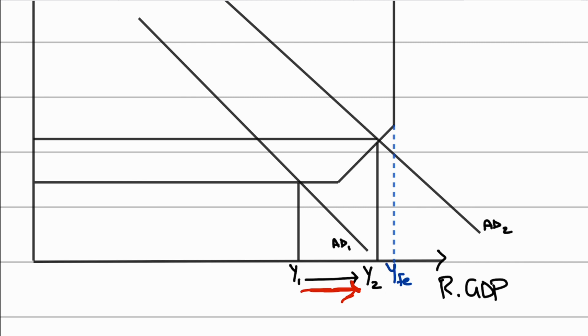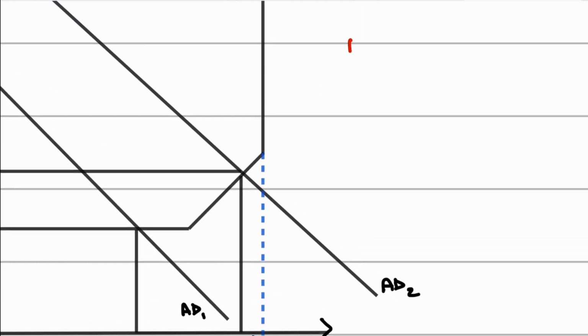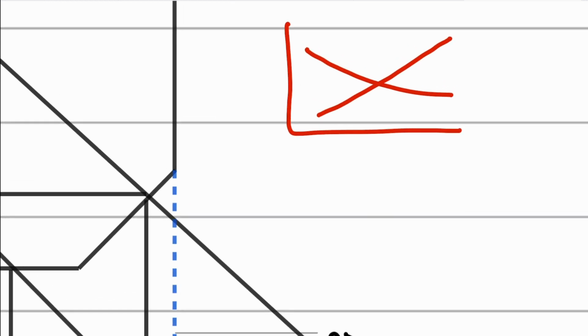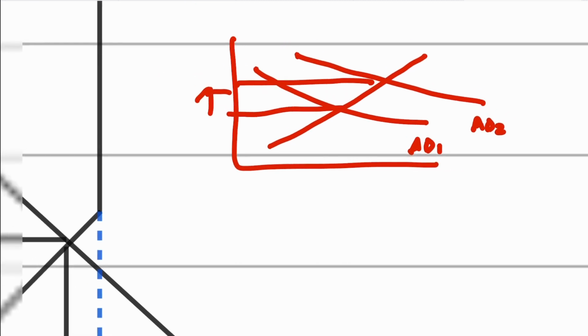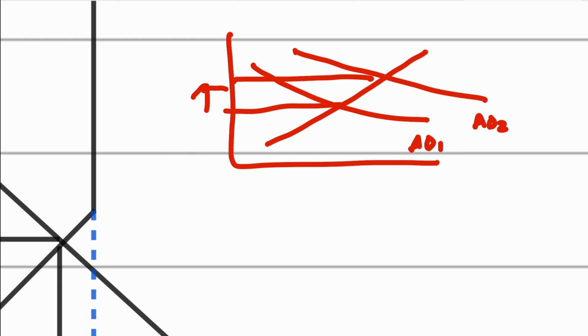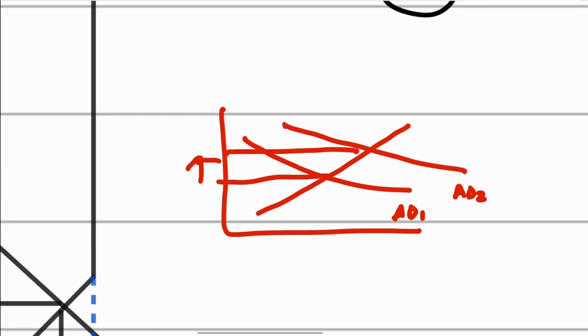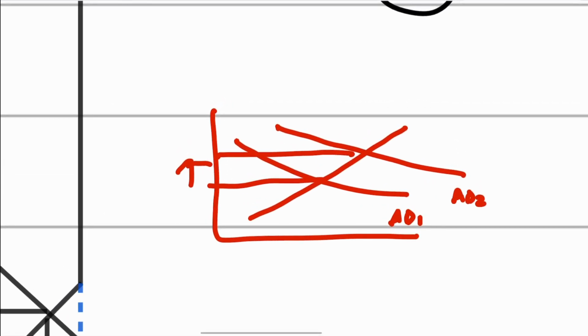And you can also make your classical AD-AS diagram, where you say that your aggregate demand goes up from AD1 to AD2, and then this causes your price level to increase. That would be valid and acceptable as well. But then the mechanism is the same, right? Like I said, shortages would occur across various sectors throughout the economy, putting pressure on prices to go up.